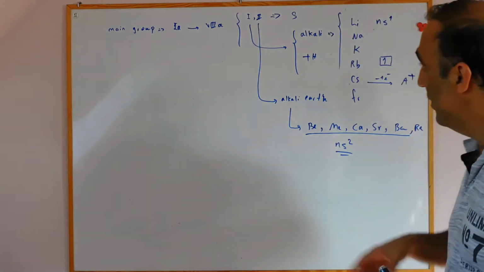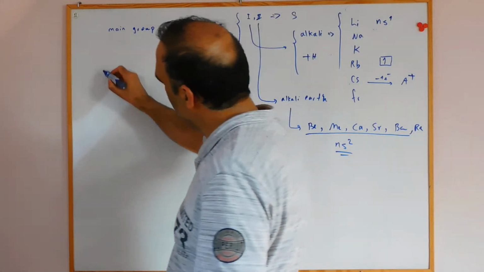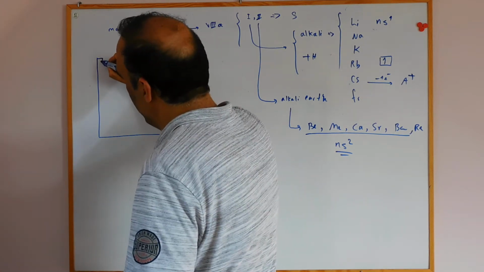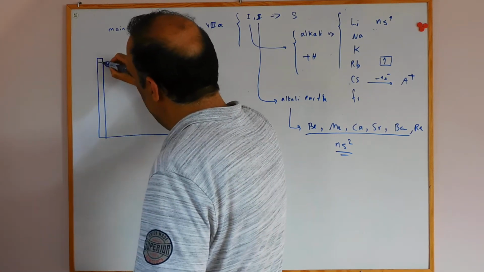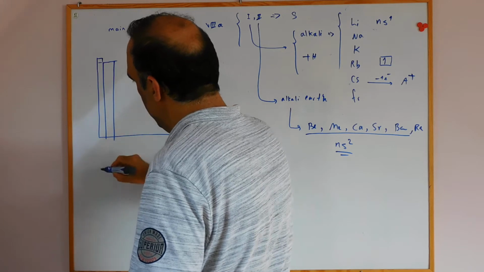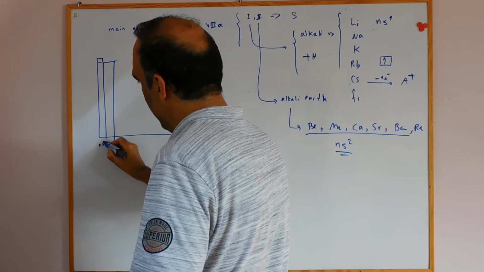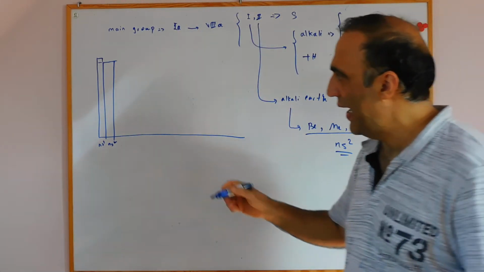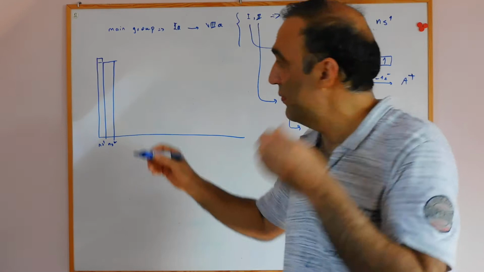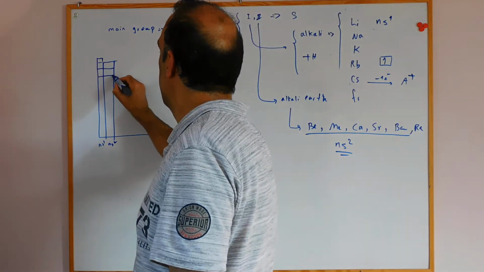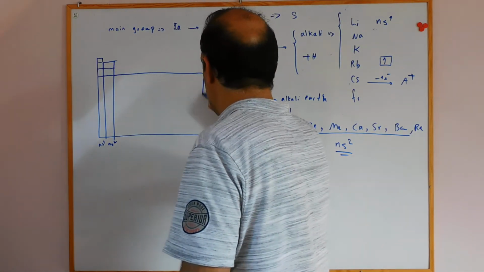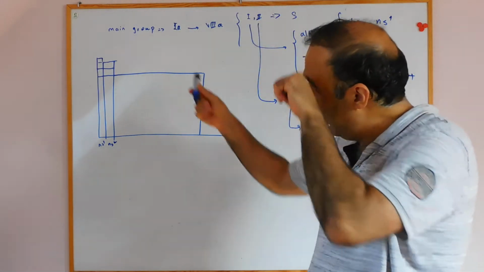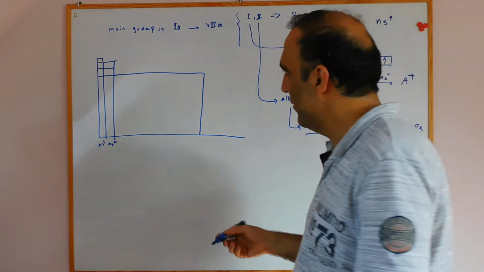Then I can draw here a small periodic table. This is the hydrogen, and this is the second group. This is the ns1 alkali, ns2 alkaline earth. After that, as you see here, start the transition metals, which do not belong to the main group.